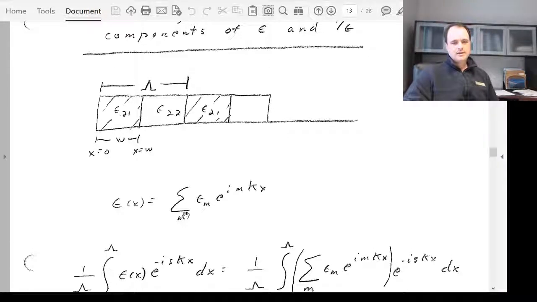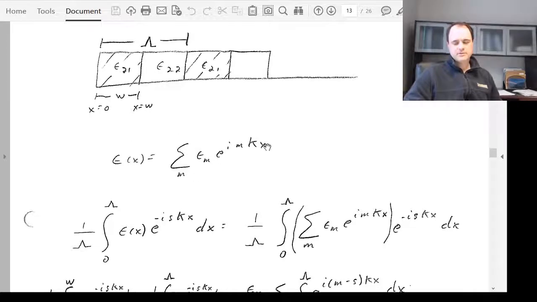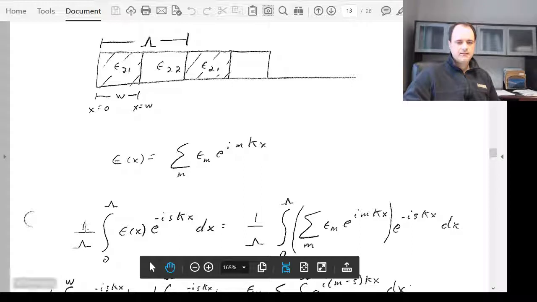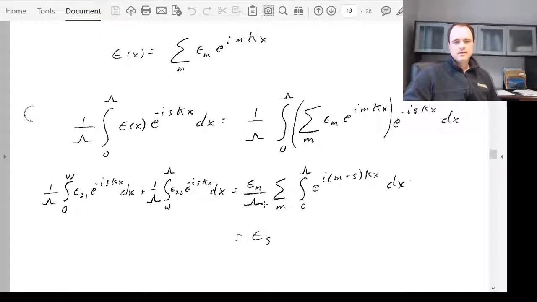All right? Epsilon has to be expressed as this. We used this before. And now we're going to find this by multiplying both sides by e to the minus i capital Kx x and integrating over one period and having 1 over capital lambda out in front. When you do this integral on this side right here, you get epsilon s, the s component of epsilon.